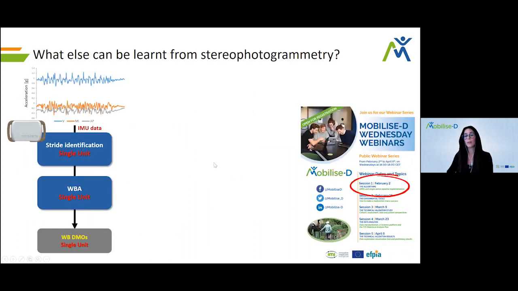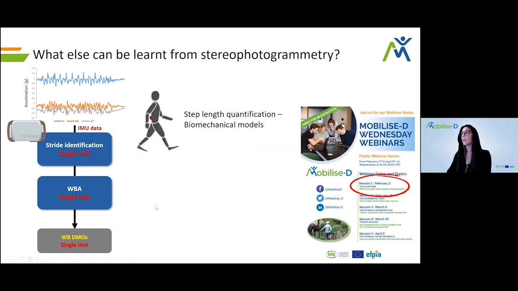So again, if we are going back to what was presented during the first seminar of this series, we've seen that within this definition-driven pipeline, in one of the steps, we also had the step length quantification. This can be done with different approaches, and in one of these, we have biomechanical models.